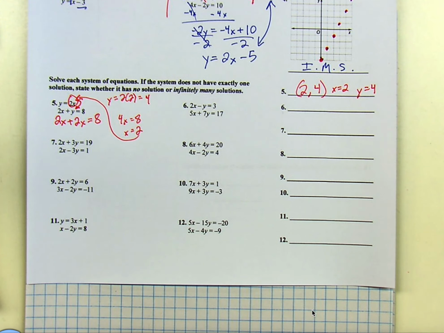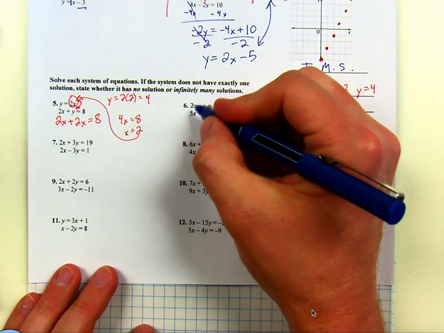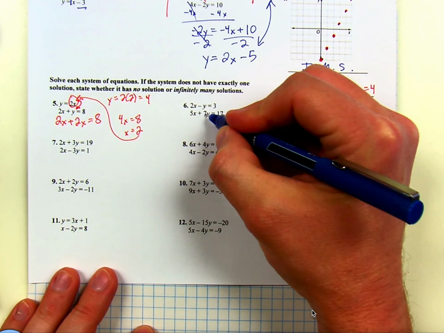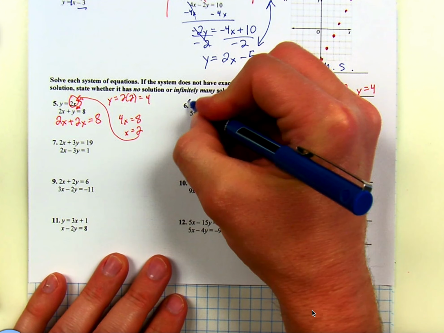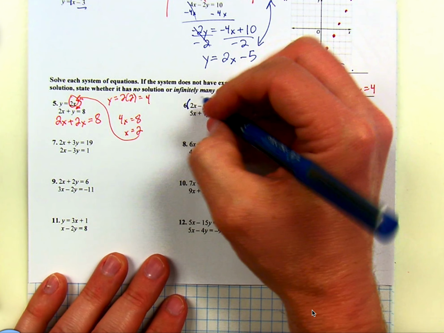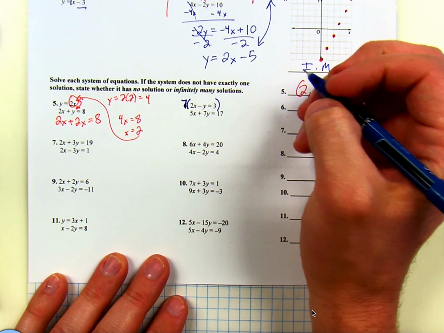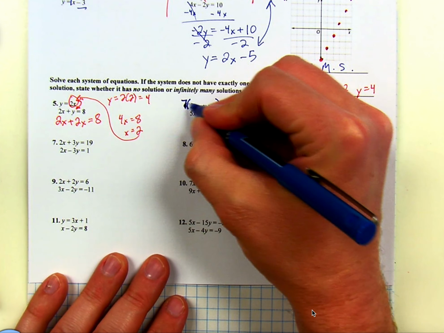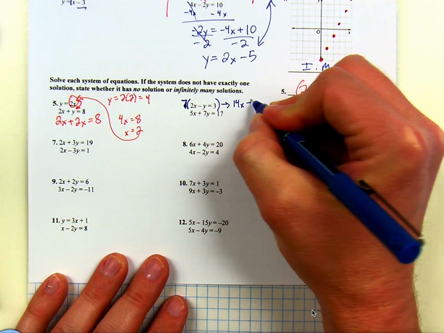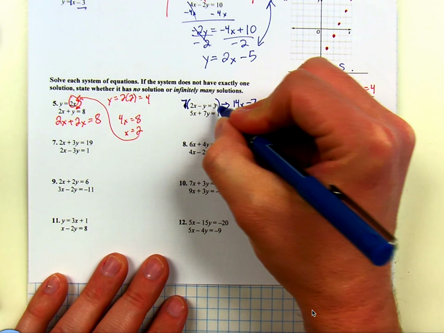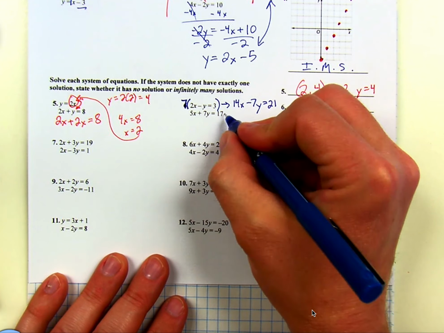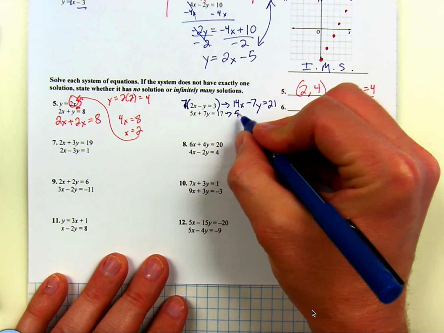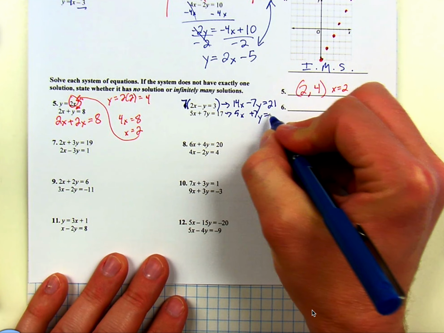All right, number 6. I think this one would be good for elimination, but unfortunately 2 doesn't match 5 and -1 doesn't match 7. So I'm going to have to multiply everything here by 7. So when I do that, I'm going to have 14x minus 7y equals 7 times 3, which is 21. And then I'm just going to rewrite this one here. 5x plus 7y equals 17.